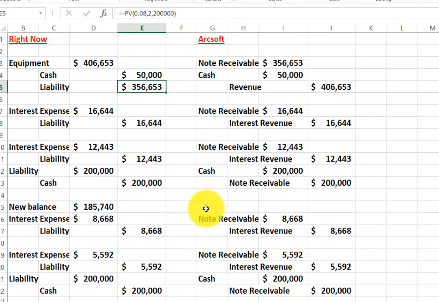All right, so 2 sides of the transaction. One side right now is buying equipment. The other side is selling equipment. Now the key thing here, remember, is that the agreement is not to pay cash, but to pay money later, not cash up front.